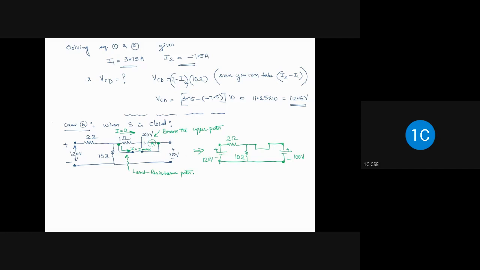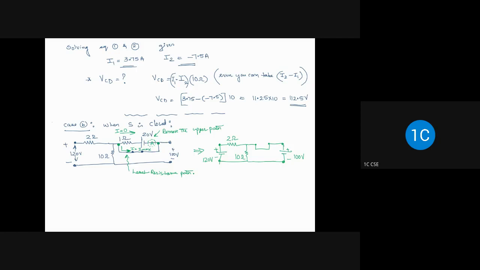So when there is a short circuit, that can be experimentally determined by connecting an ammeter in series with a 1 ohm resistor and a 20 volt battery. If you create a short circuit, current flow through this ammeter is zero. The moment you turn on the circuit, the current gets bypassed through the lower path.